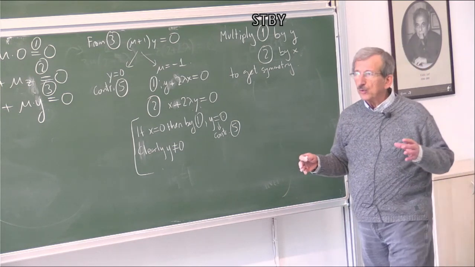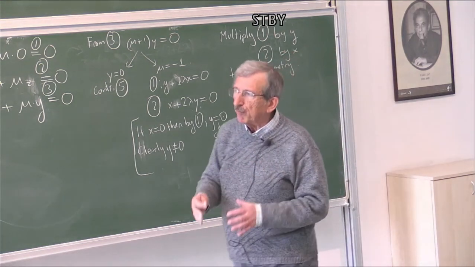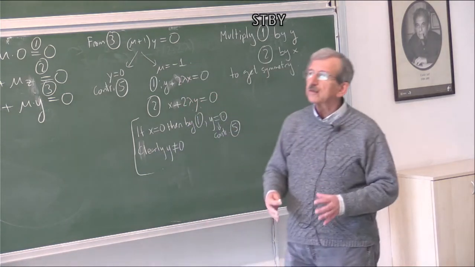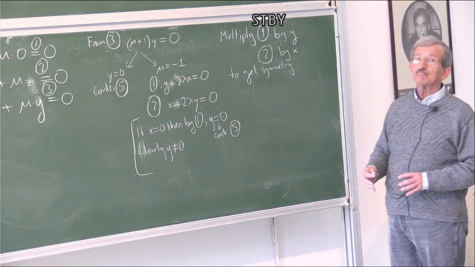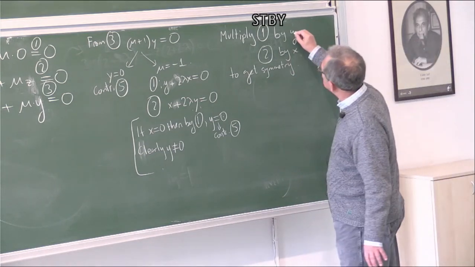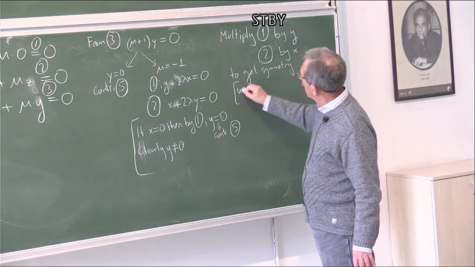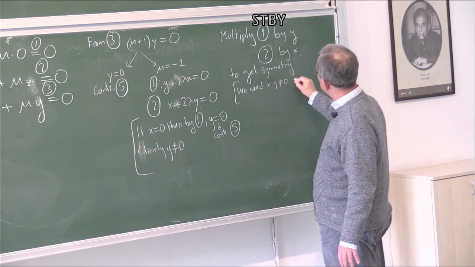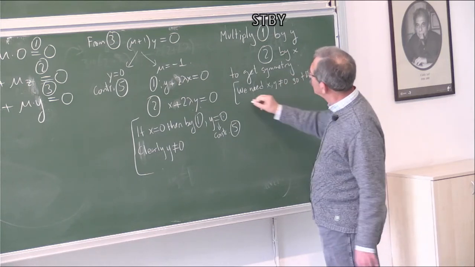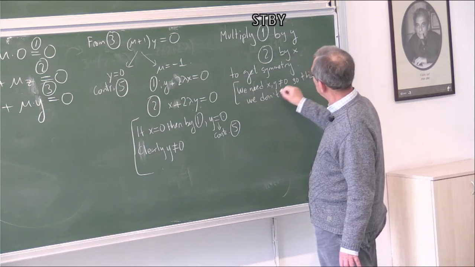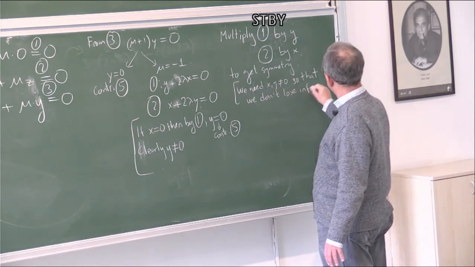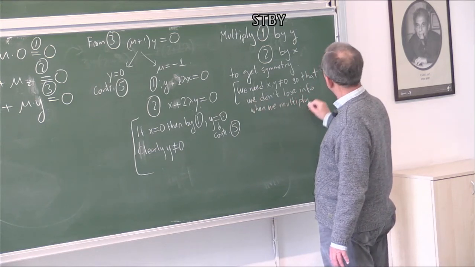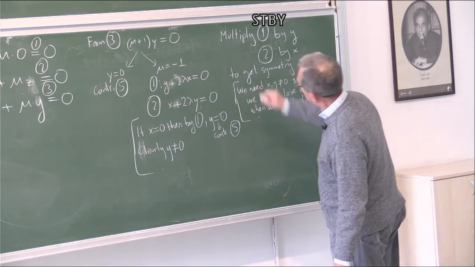So to have the information still so that it will not go away, it will not disappear, you want your factors to be non-zero. So we need x, y different from 0 so that we don't lose information when we multiply. And we know that they are not 0.